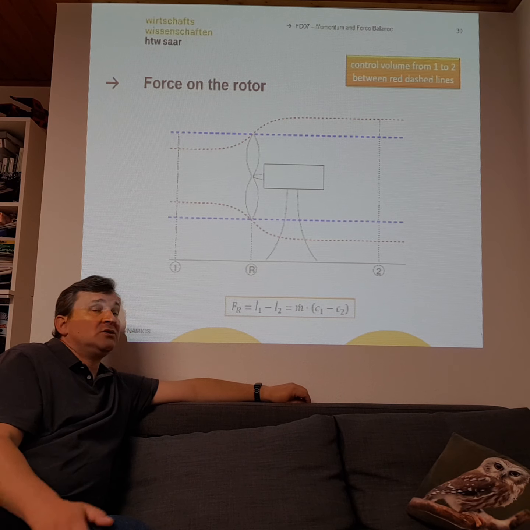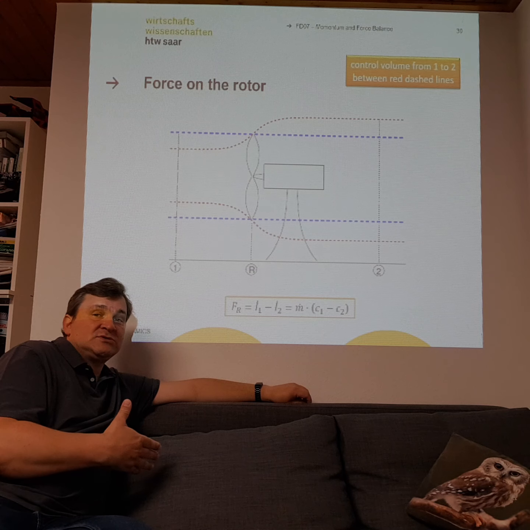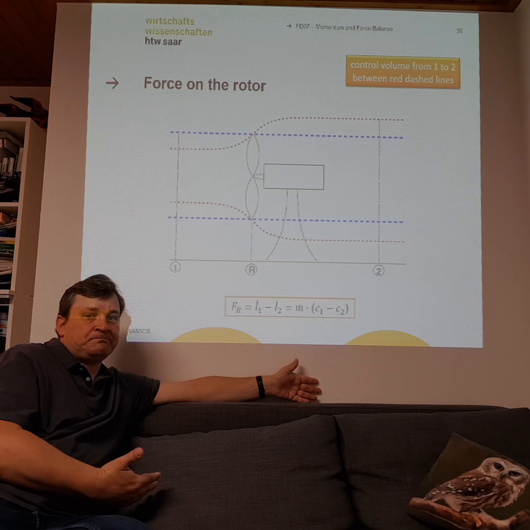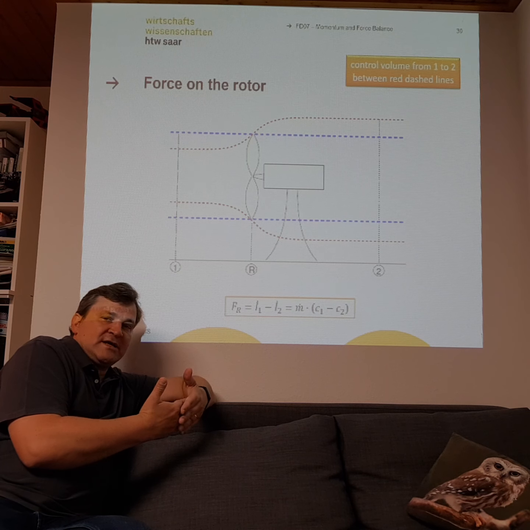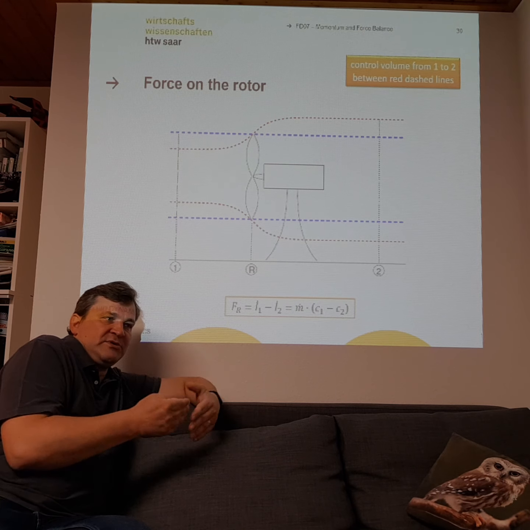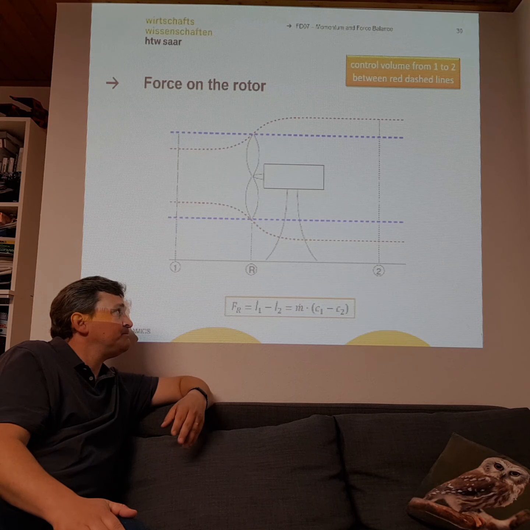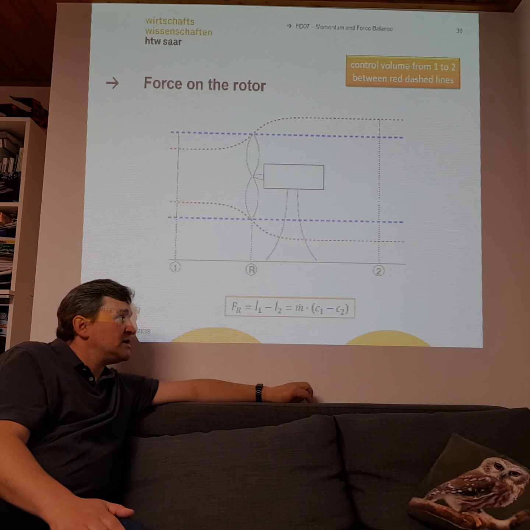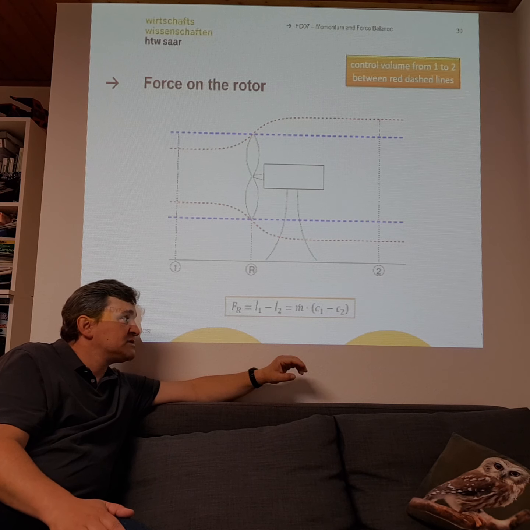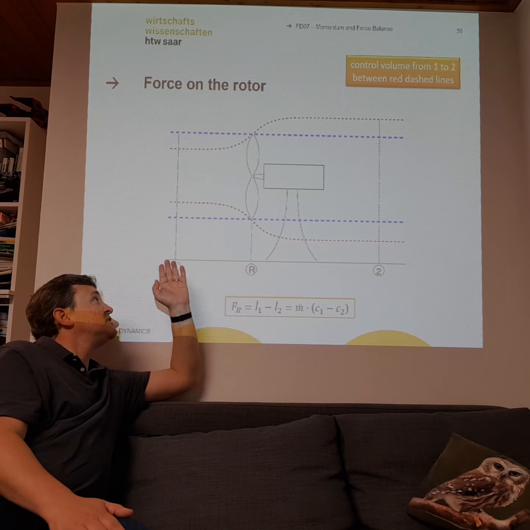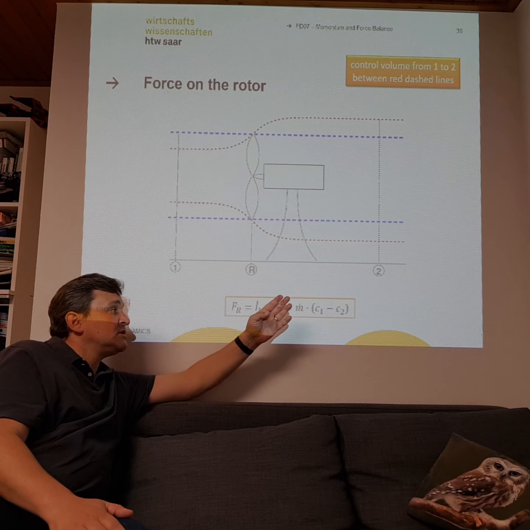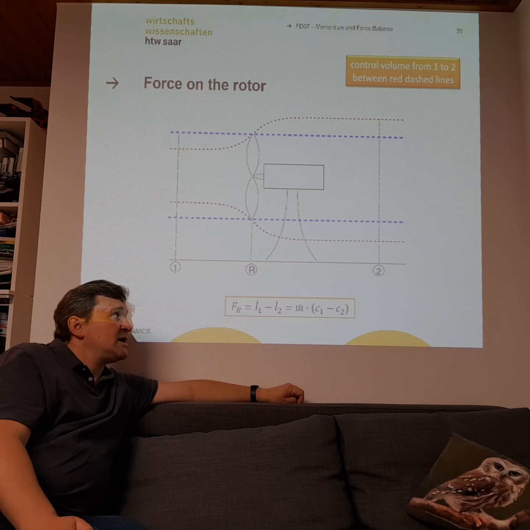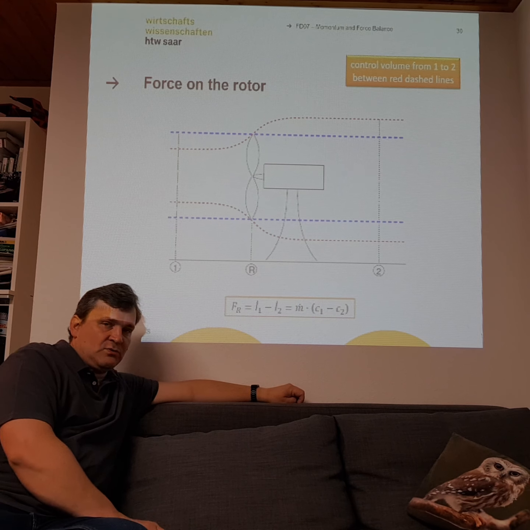So we will get a loss of energy inside the fluid, and that is the energy that is acting on the windmill, and that will be transformed into electricity. So here we calculate our force, our radial force, by the mass flow of the air times the velocity in front of the windmill, subtracted by the velocity at the exit of our wind tunnel.